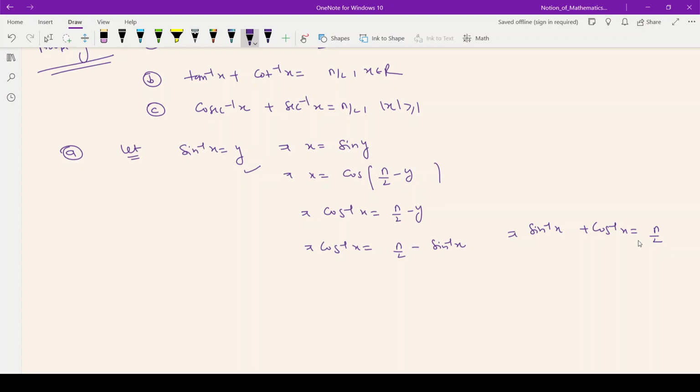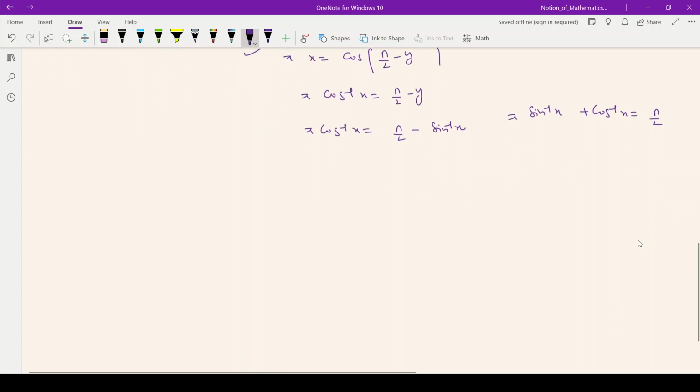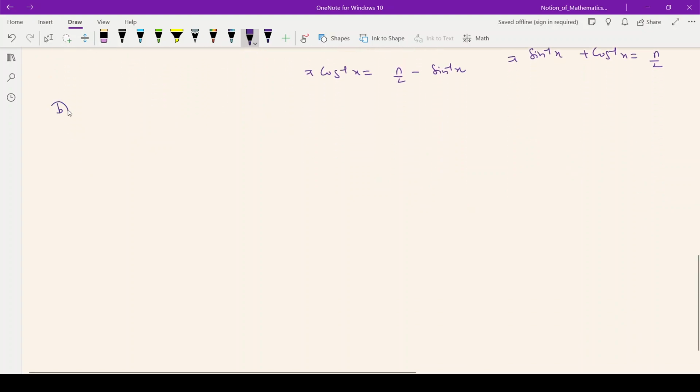Thereafter, for the proof of the second property, my consideration is tan inverse x is y, or x equal to tan of y.